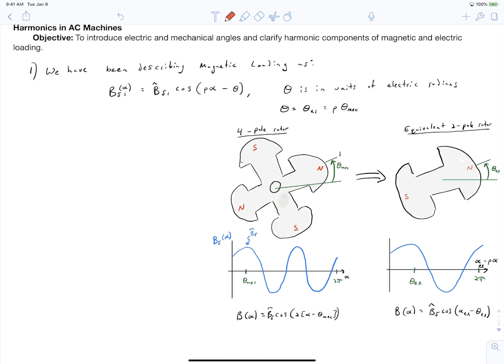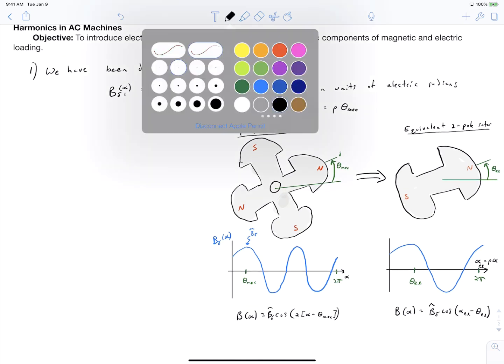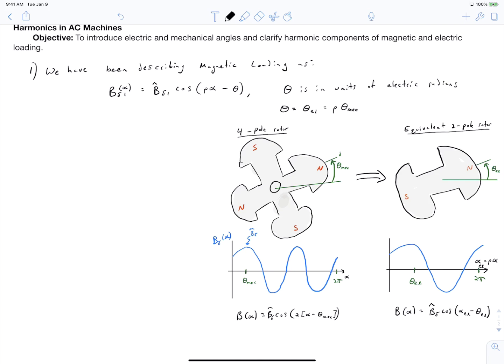Let's now go back to our equations and rewrite our magnetic loading in terms of the Fourier series format that we've been developing over the last couple of lectures. So the Fourier series for our waveform is this expression, where we're noting that we're shifting it by theta mechanical as our rotor rotates.